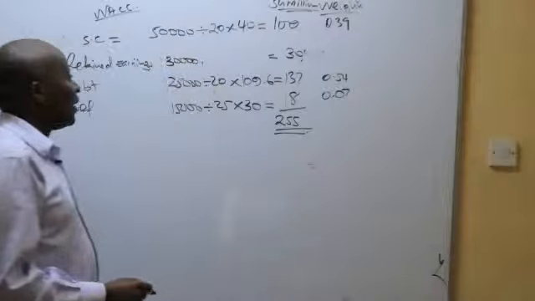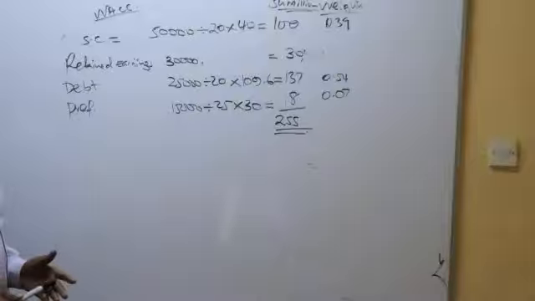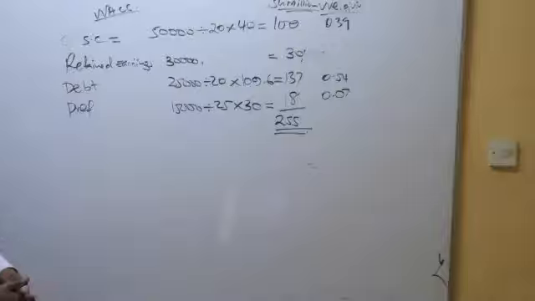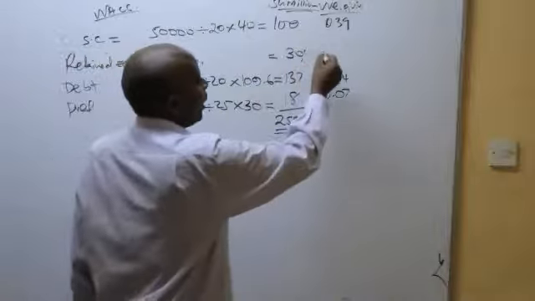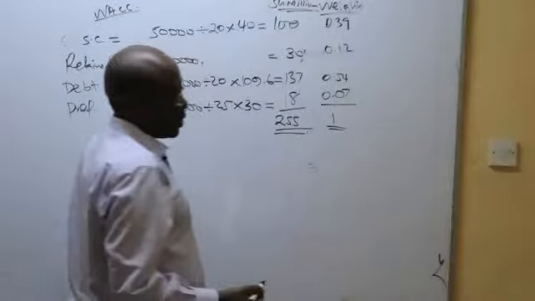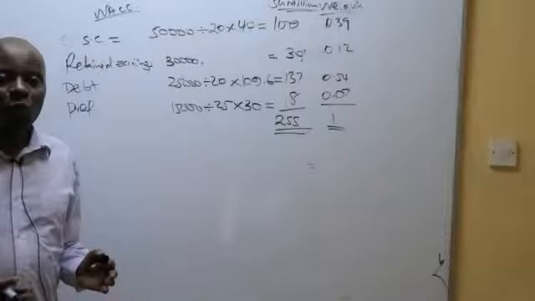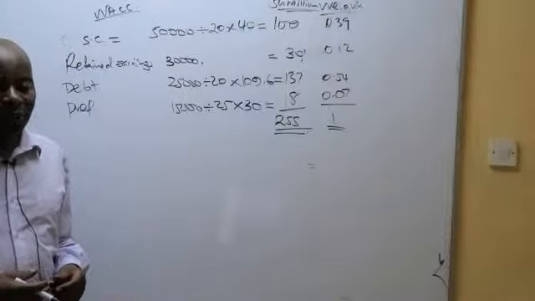How about retained earnings? I'm being given 0.12. And if you add, of course, all the proportions, you'll end up getting 1 or thereabout. It has to be something close to 1.